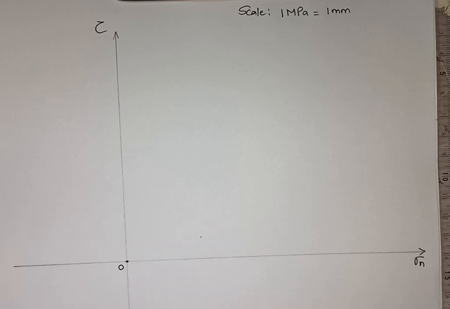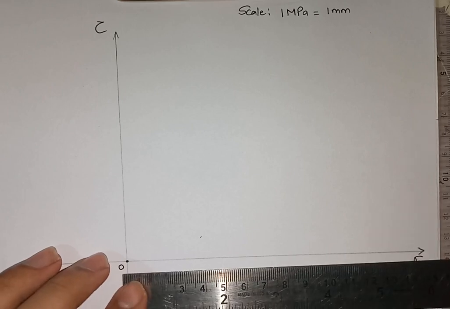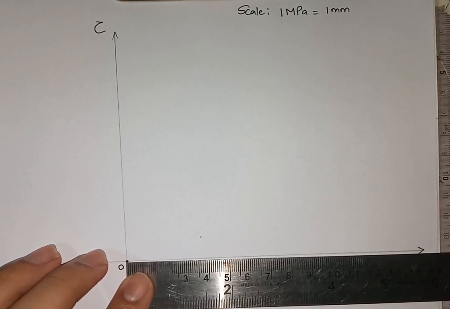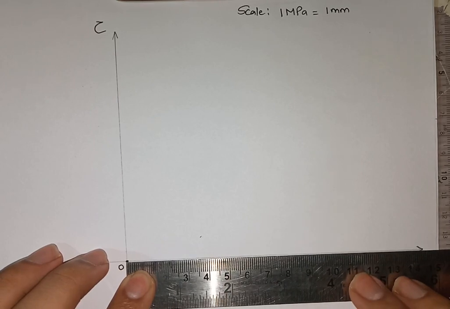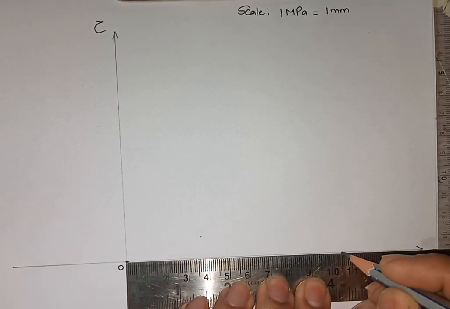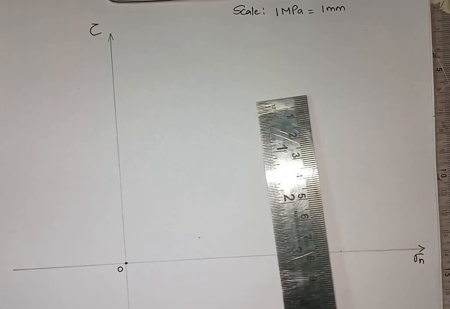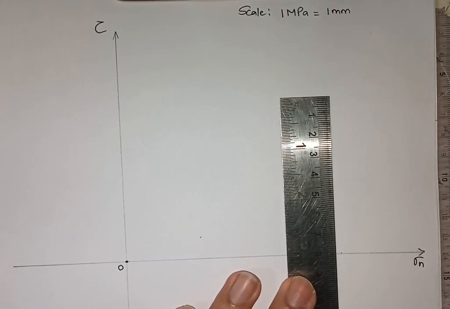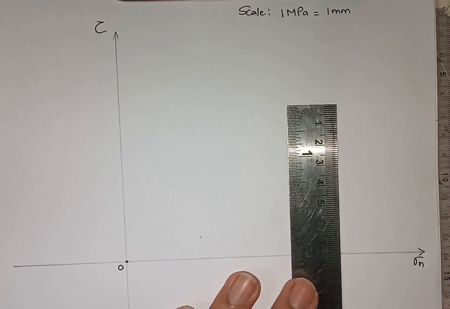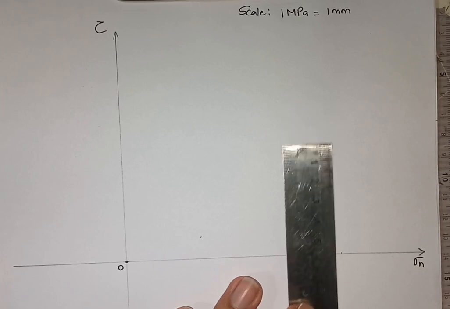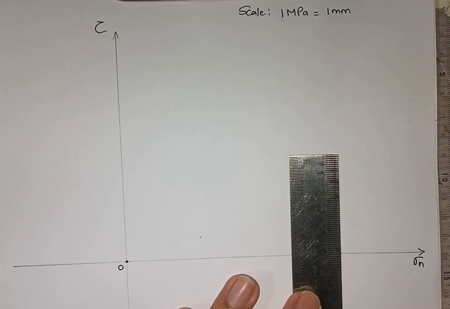So the coordinates are 105 and 50. In this direction, since 105 is positive, I will be marking 10.5 centimeters, which gives me 105, and in this direction, which is positive, I need to mark 50, which is 50 mm, which is 5 centimeters.